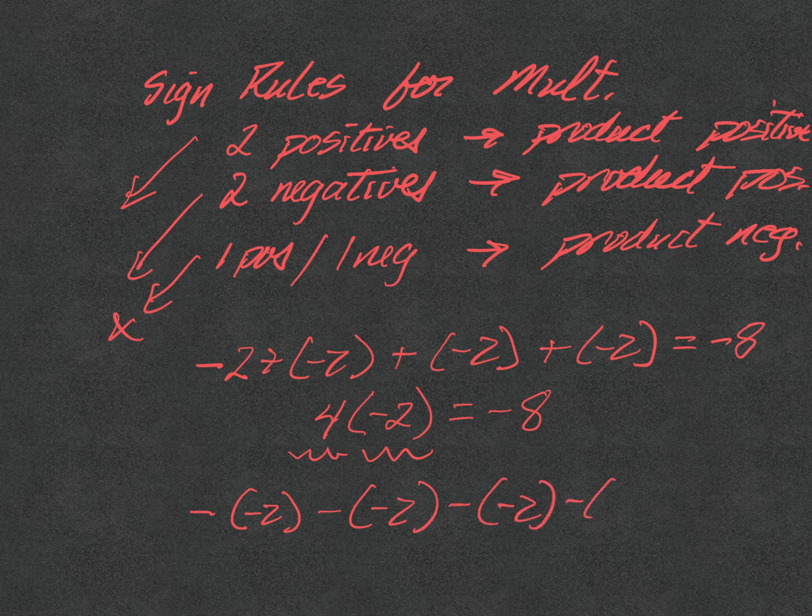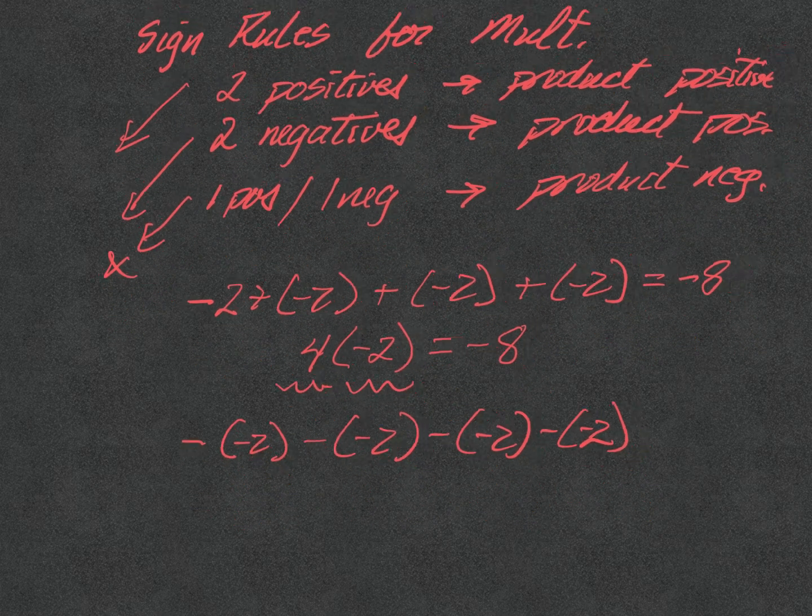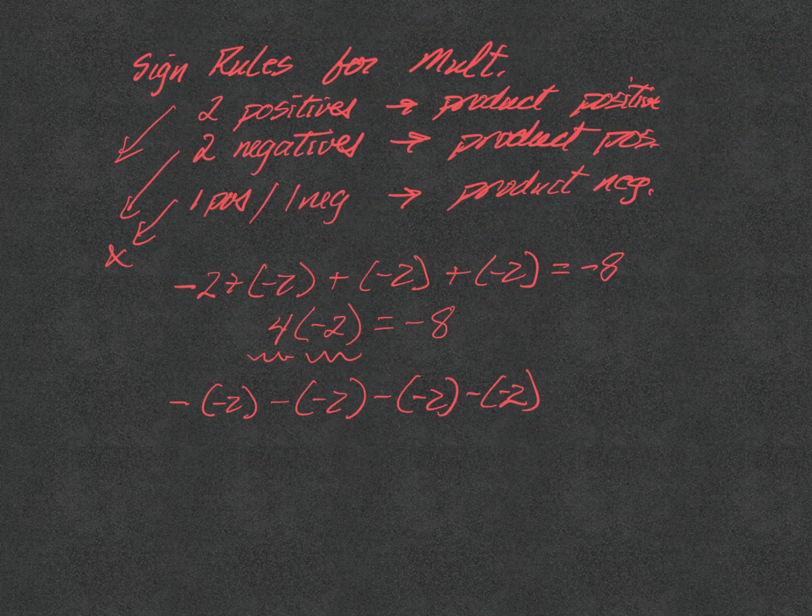So we're sort of undoing the addition. But if you remember, subtraction is add the opposite. So this really means add the opposite of negative 2. Add 2, add 2, add 2.